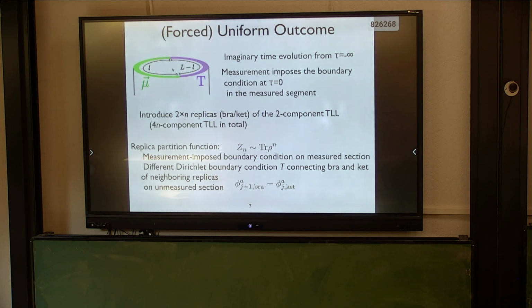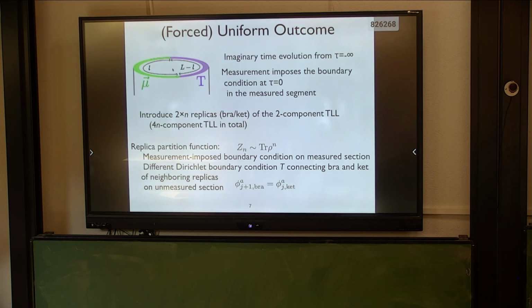So to simplify the problem, I want to first focus on the simplest special case, when all the outcomes happen to be the same. You can say this is a forced measurement, or you do post-selection. If you get a different result, you throw it out, and you only look at the result if every measurement gives 0, 0.